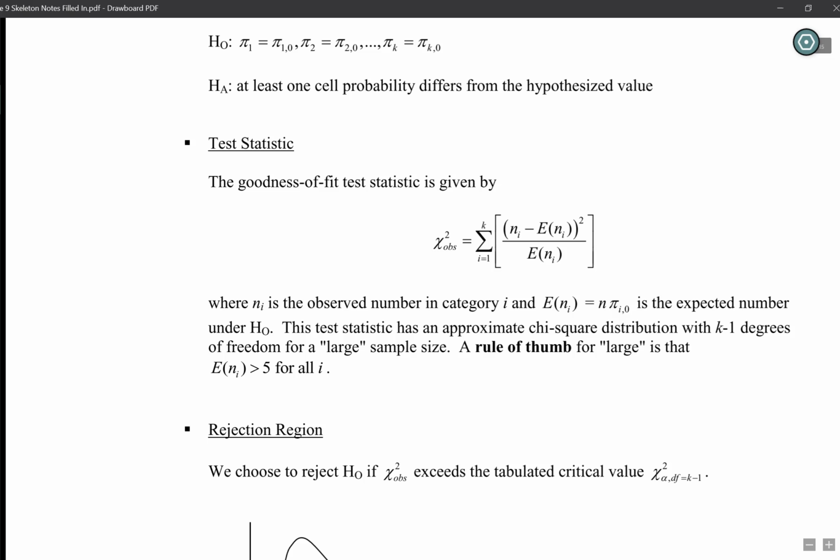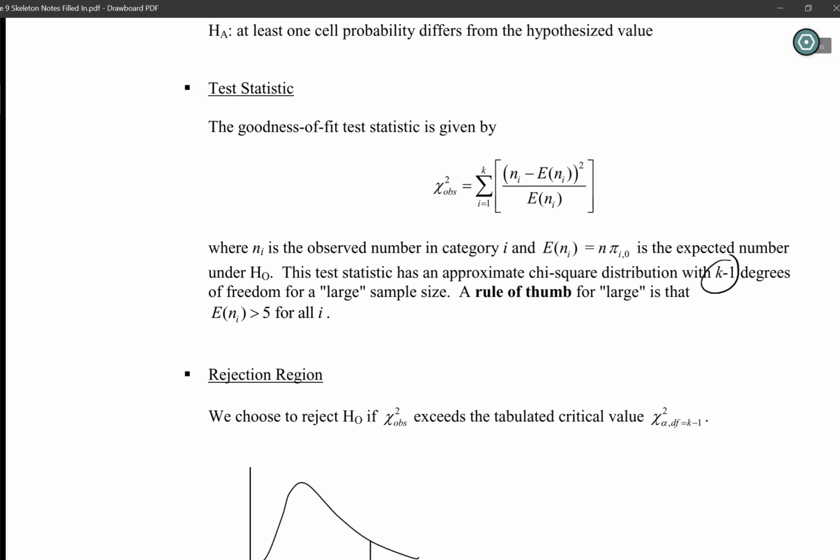It turns out that this test statistic has an approximate chi-square distribution with k-1 degrees of freedom for a large sample size. A rule of thumb for large for this technique is that the expected cell count is 5 or greater for all the categories.